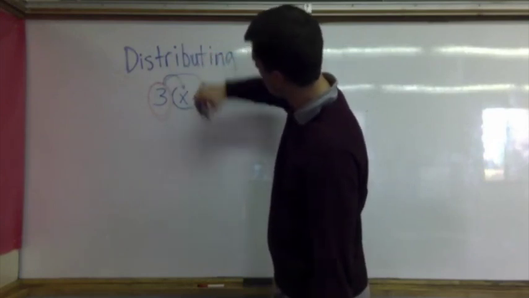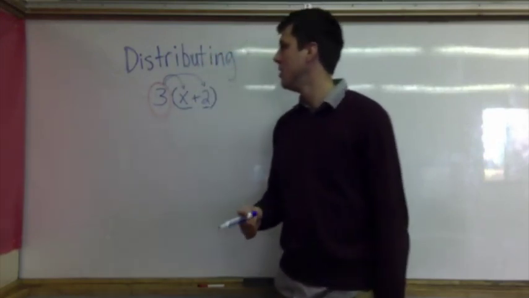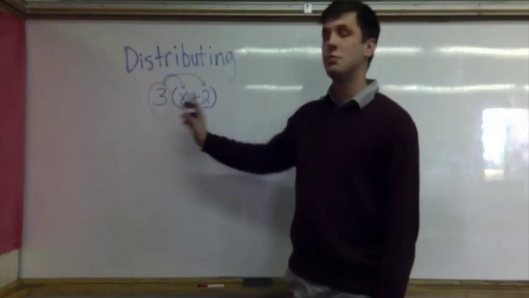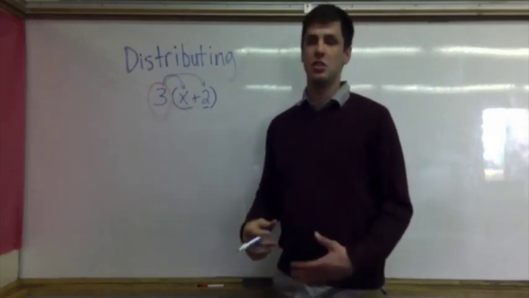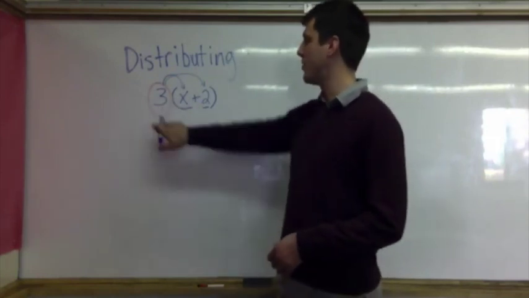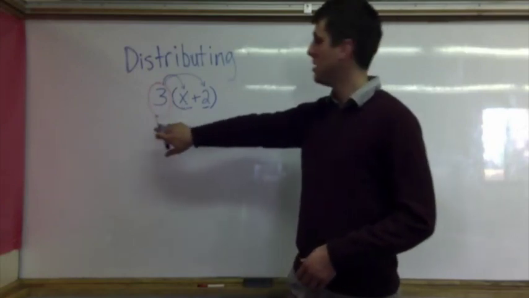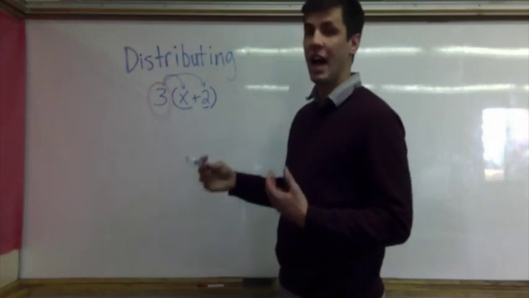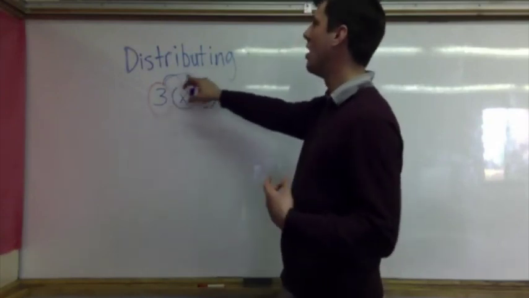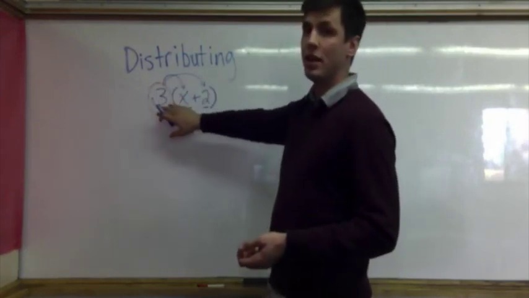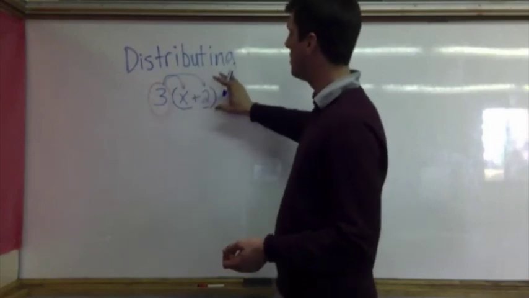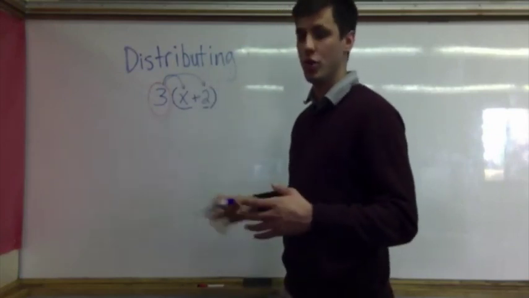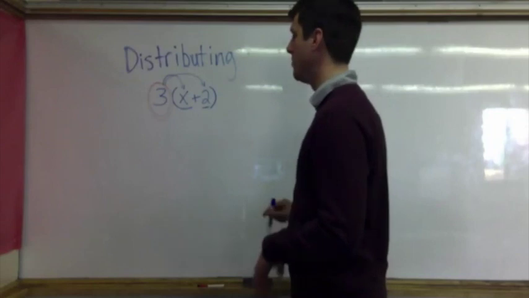So we'll distribute it to the 2. Now the 3 is multiplying by the grouping. So when you distribute, you're saying the 3 is first going to multiply by this term, then it's going to multiply by this term. And if it helps, I would always write arrows, taking what you're distributing to the term that you're distributing to.